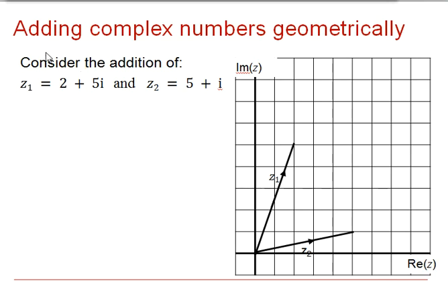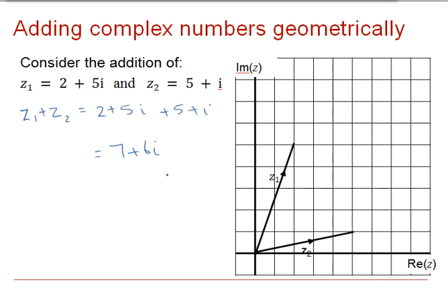In session 1.2, we looked at adding complex numbers algebraically. If we consider the addition of z1 and z2, algebraically that would give us 2 plus 5i plus 5 plus i, leading to 7 plus 6i.